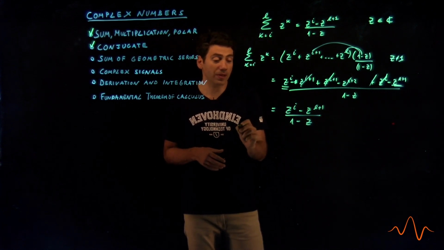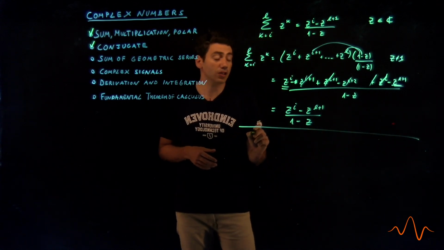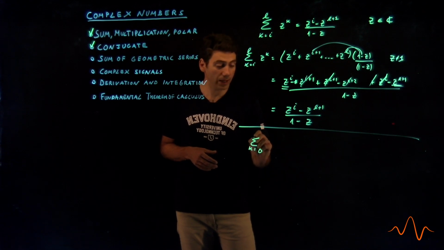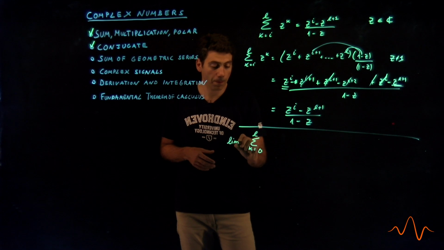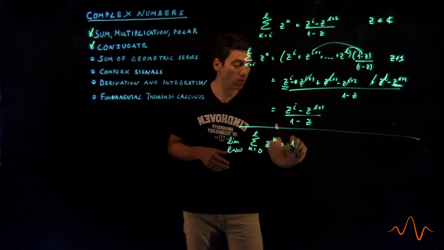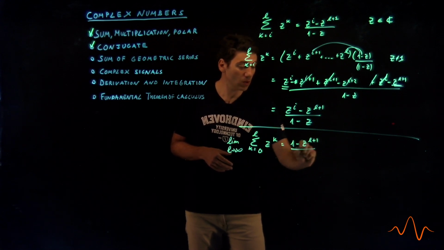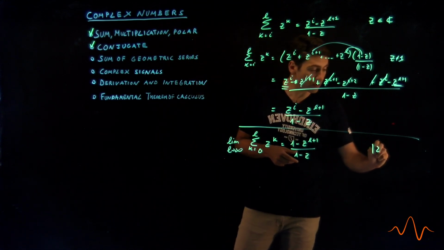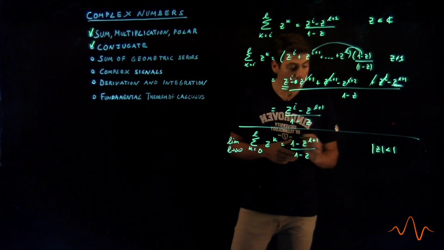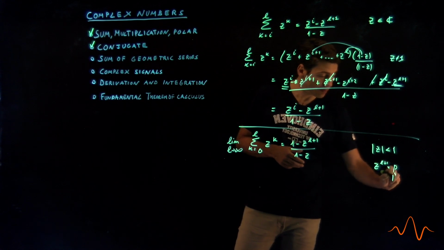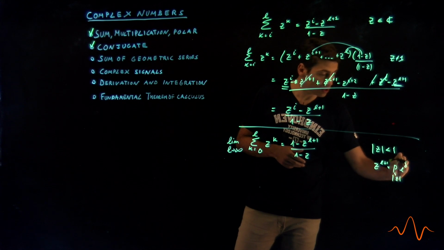Now, an important special case happens when I consider l equal to 0, and I let L go to infinity. So this will be equal to 1 minus z to the L plus 1, over 1 minus z. And when I take the limit as L goes to infinity, if I say that the absolute value of z is less than 1, then z to the power of L plus 1 will be its absolute value to the power of L plus 1 times e to the power of j theta times L plus 1, its phase.